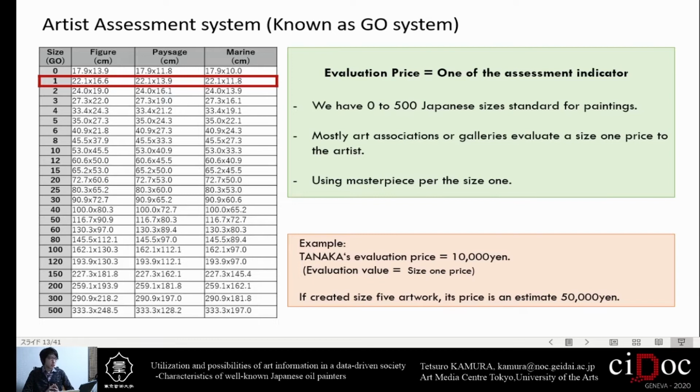Most art associations or galleries evaluate a size 1 price for the artist. They are using a masterpiece per size 1. For example, artist Tanaka has a 10,000 yen evaluation price. If Tanaka created artwork of size 5, that price is an estimated 50,000 yen.